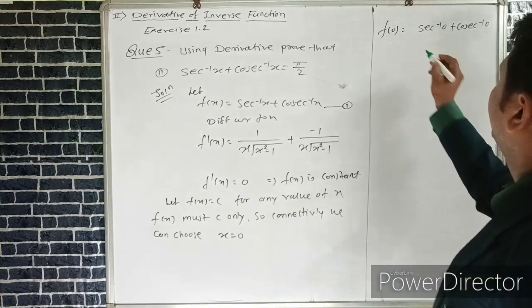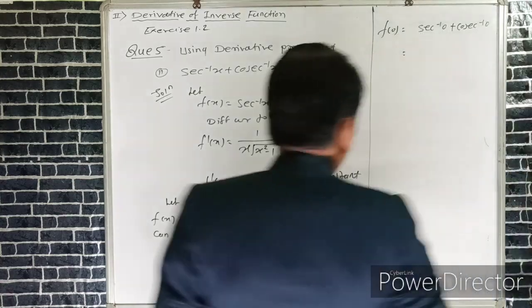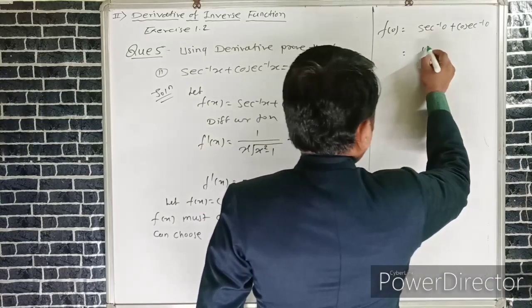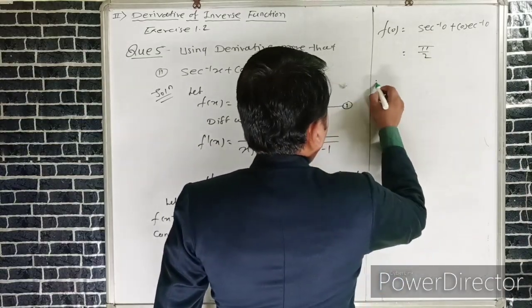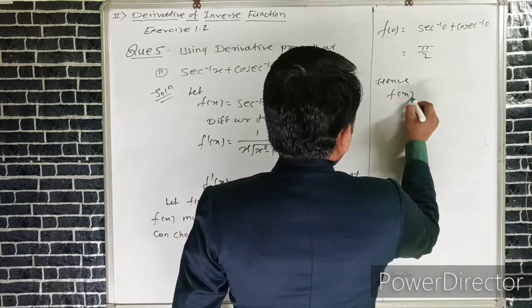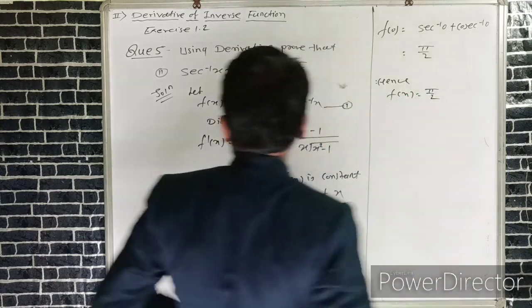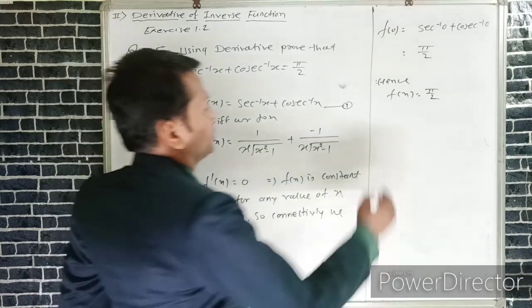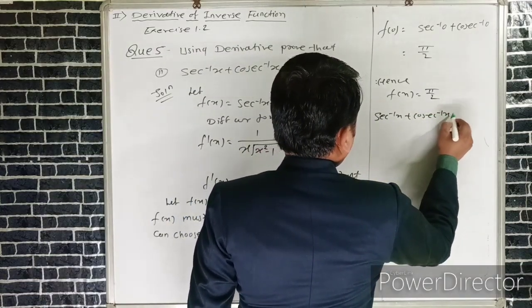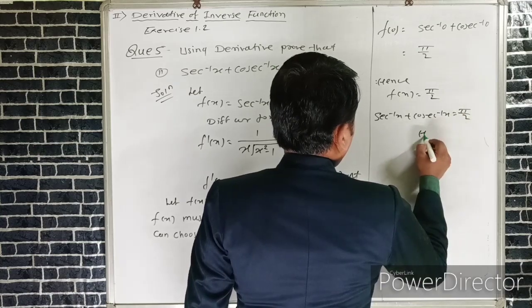Here the sec inverse 0 is equal to pi by 2. Hence we can write f of x is equal to pi by 2. And we know that f of x is equal to sec inverse x plus cosec inverse x is equal to pi by 2, hence proved.